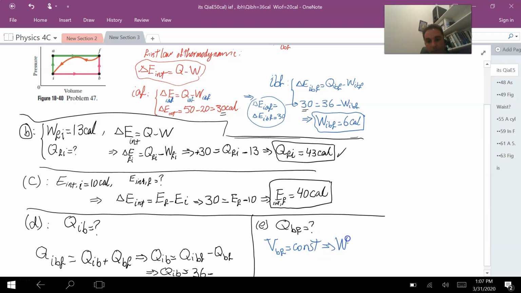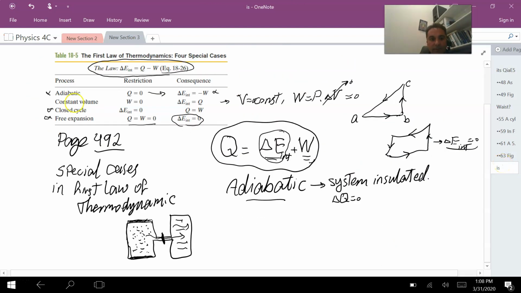Therefore, work done in BF is what? 0, using W equals P delta V. Work is 0, therefore, when volume is constant, remember here, in constant volume, work is 0. So delta E is the same as Q.